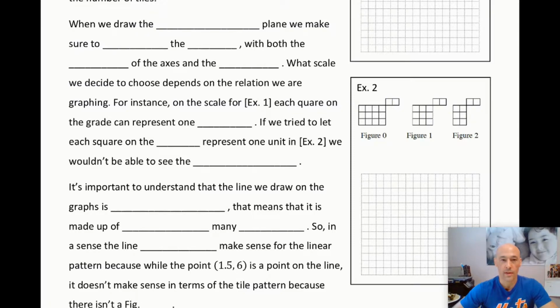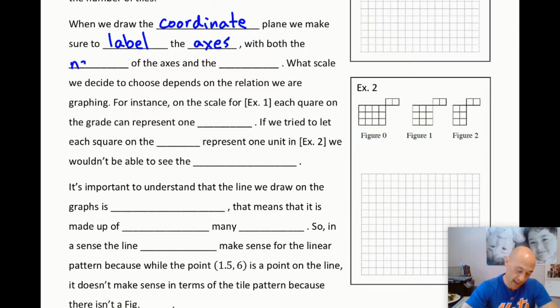When we draw the coordinate plane, we make sure to label the axes with both the names of the axes and the scale. What scale we decide to choose depends on the relation we are graphing.